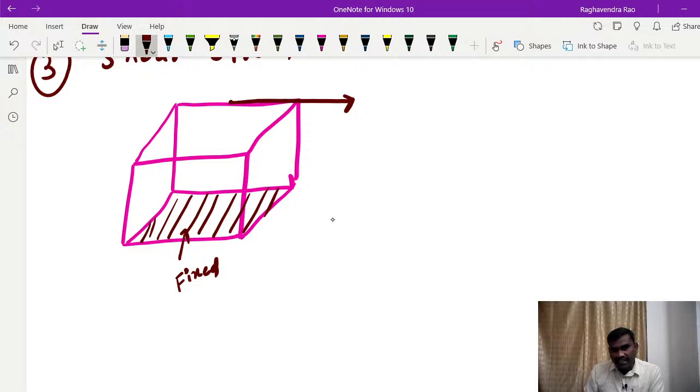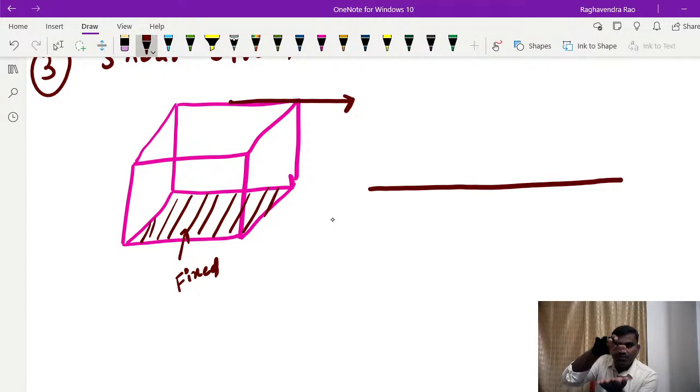So this is a three-dimensional representation. The same thing we can see in a two-dimensional representation. This is the lower fixed surface and this is the upper surface. Both are exactly opposite to each other.